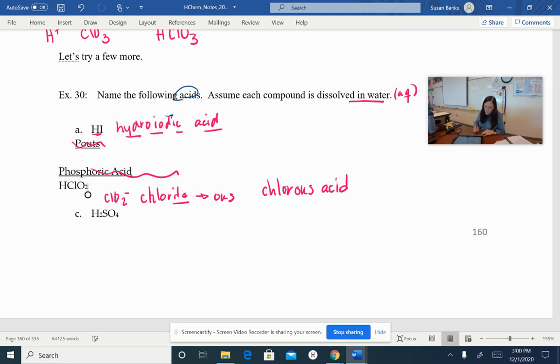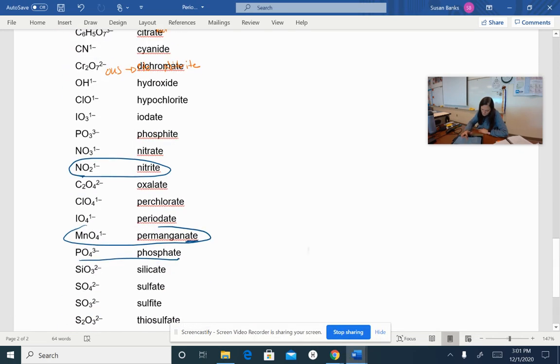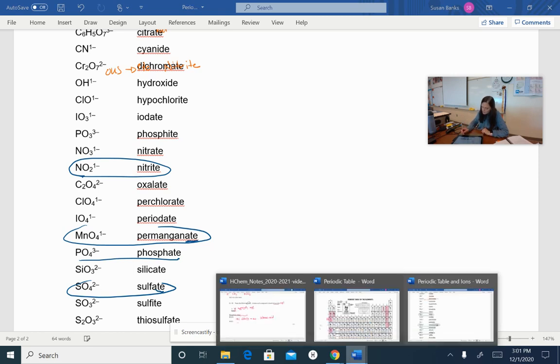Okay. H2SO4. Let's look and see what SO4 is. If I look at SO4, I have sulfate. Sulfate, ates go to ic, so this is going to be sulfuric acid.